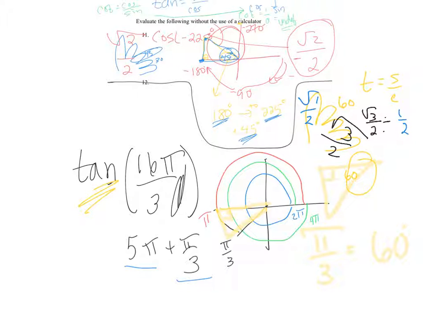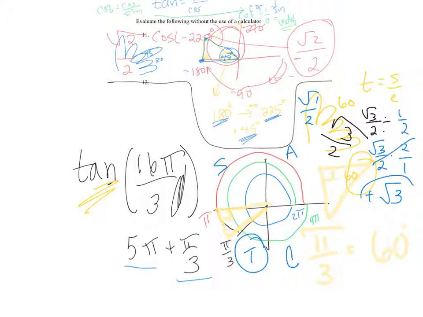Then we simplify: square root of 3 over 2 times the reciprocal, which is square root of 3. We just need to think, is it positive or negative based on the quadrant? So if All Students Take Calc, and we're looking for tan, it's positive down here. So it's positive square root of 3.